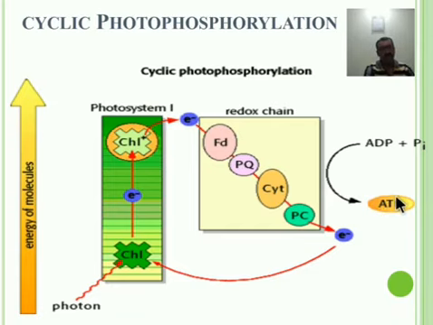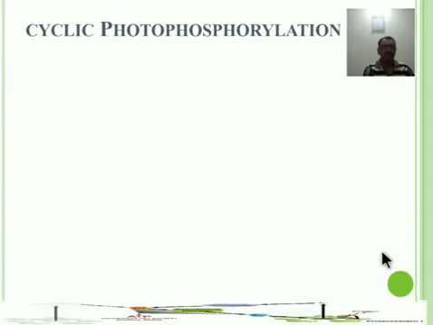And non-cyclic photophosphorylation can be detected by oxygen evolved, since photolysis of water is an integrated part of the electron pathway, but not here in this reaction. In this way, in this cyclic photophosphorylation only the energy rich ATP molecule is produced here. Okay, in this way, this is the cyclic photophosphorylation.